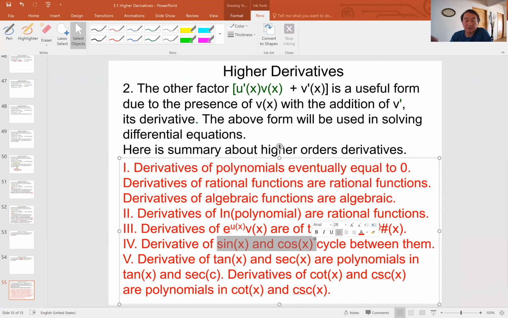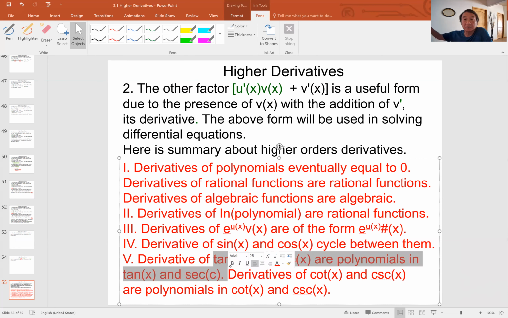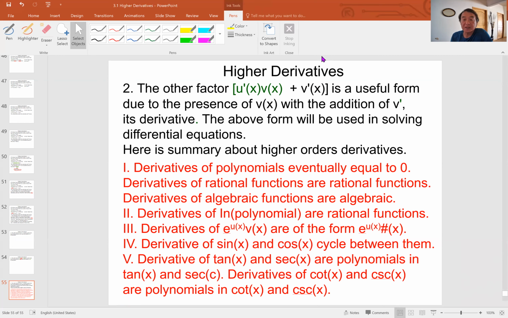And derivatives of sine and cosine cycle among them. The derivatives of tangent and secant are polynomials in tangent and secant. Keep taking them, and you get still more tangent, more secant, multiplied together. And similar things between cotangent and cosecant. So this is the summary of the higher derivatives.